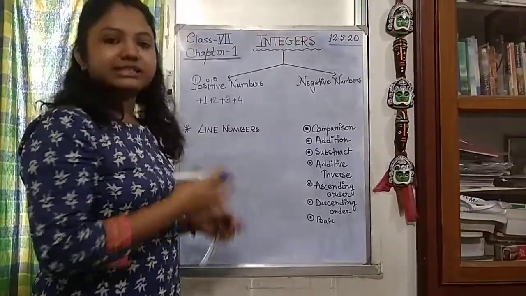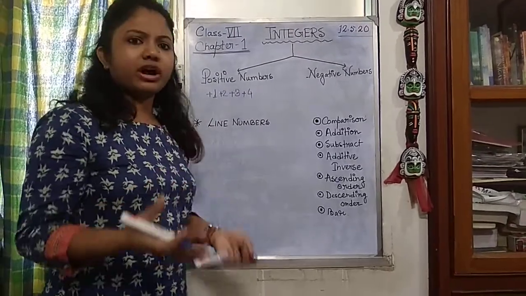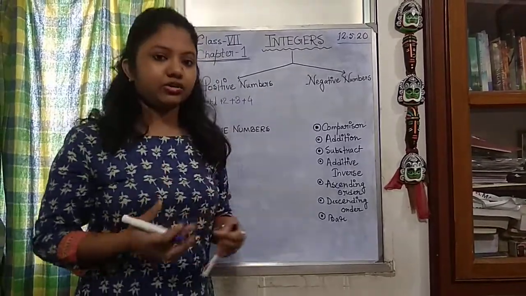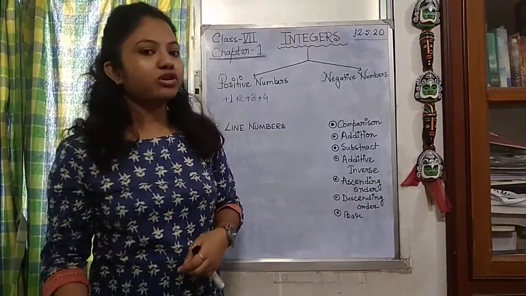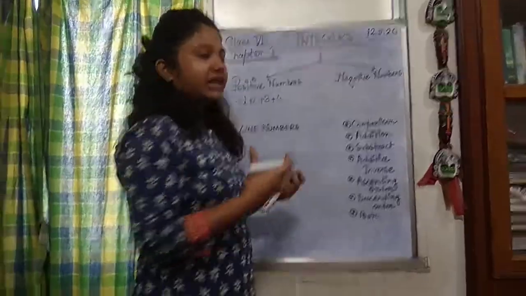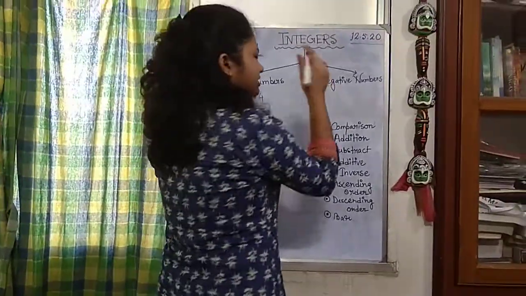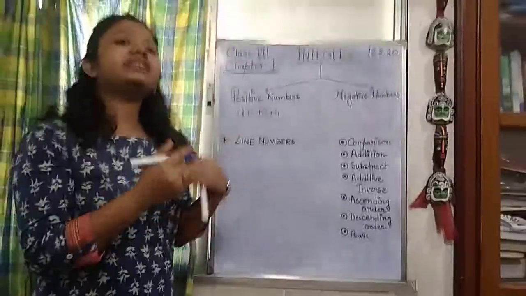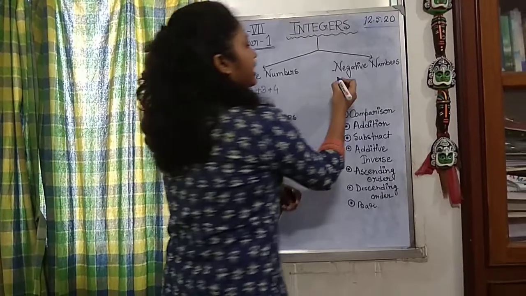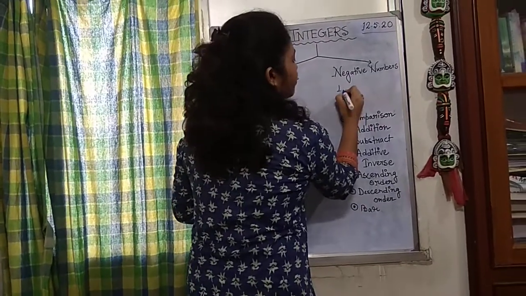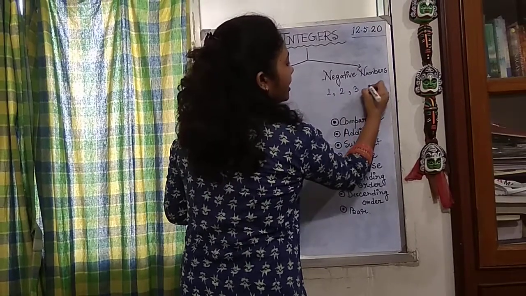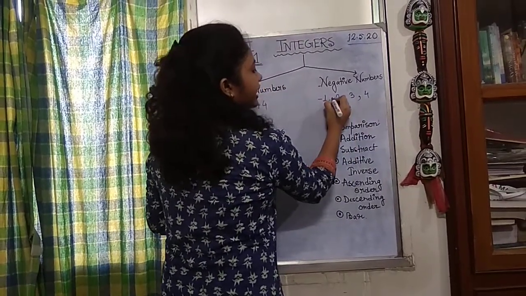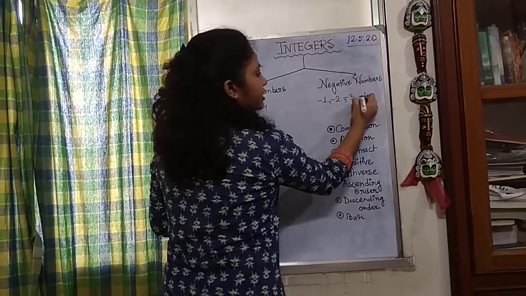We can call them positive numbers, just like many of you know your blood groups, like B positive or B negative. Similarly, the negative numbers are the same numbers but with a negative sign before them, like 1, 2, 3, 4 with a negative sign before them.